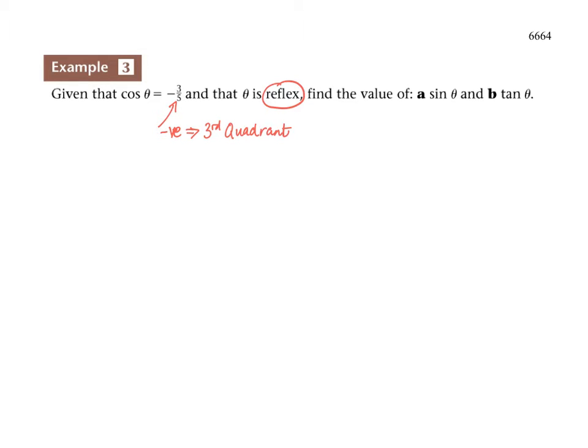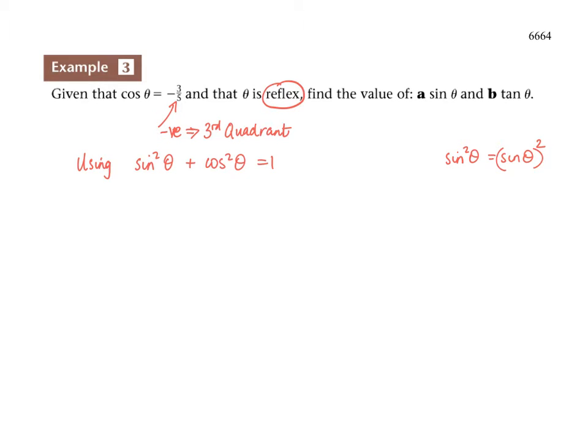Now, using our identity, sine squared plus cos squared equals 1. So using sine squared theta plus cos squared theta is equal to 1. Just notice that sine squared theta is exactly the same as sine theta all squared. It's just the way that we actually write it.